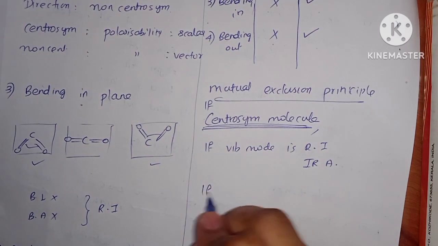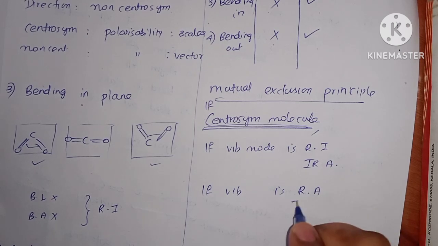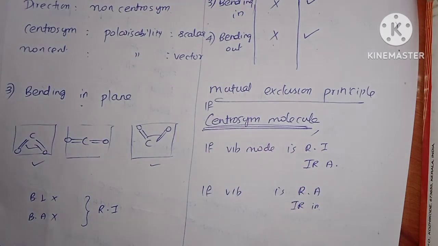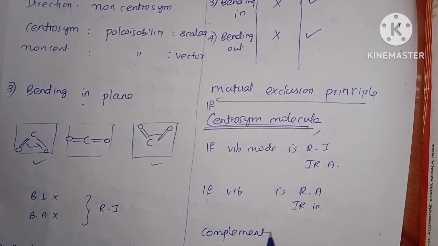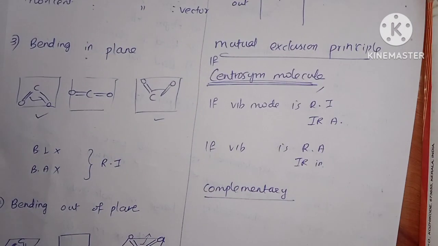If the vibrational mode is Raman active, it should be IR inactive. That means IR activity and Raman activity of a particular mode of vibration for a centrosymmetric molecule are complementary to each other. This is known as the mutual exclusion principle, and this is only applicable for a centrosymmetric molecule.